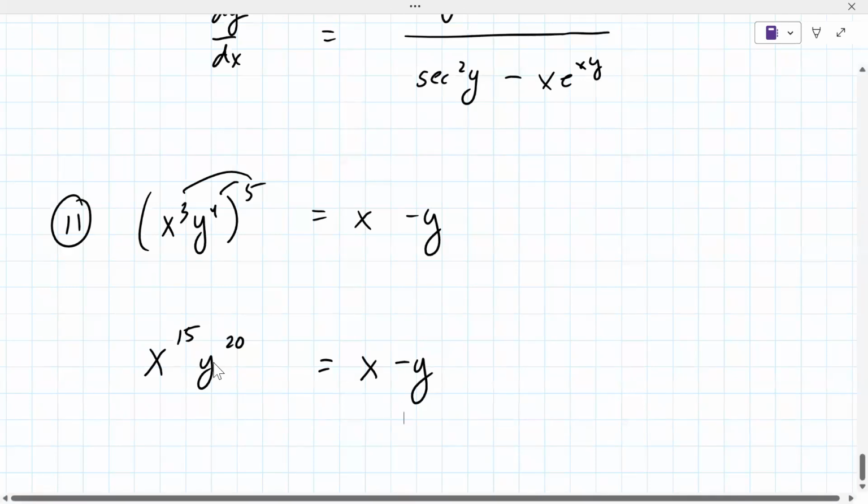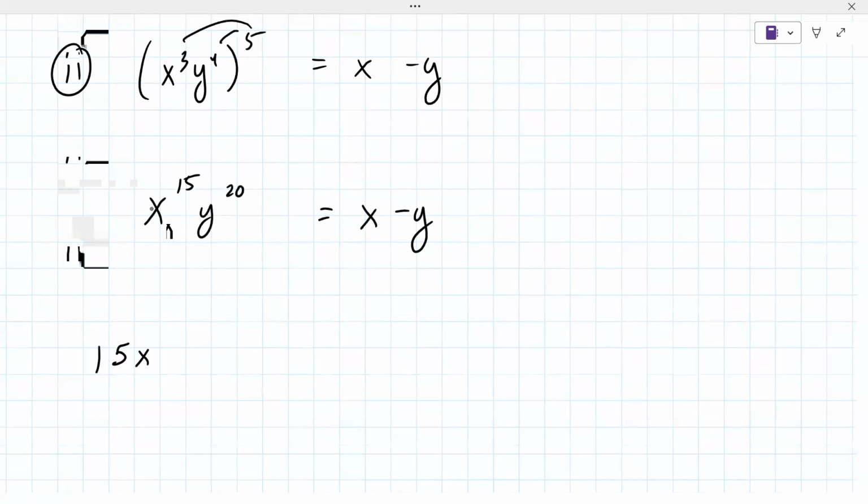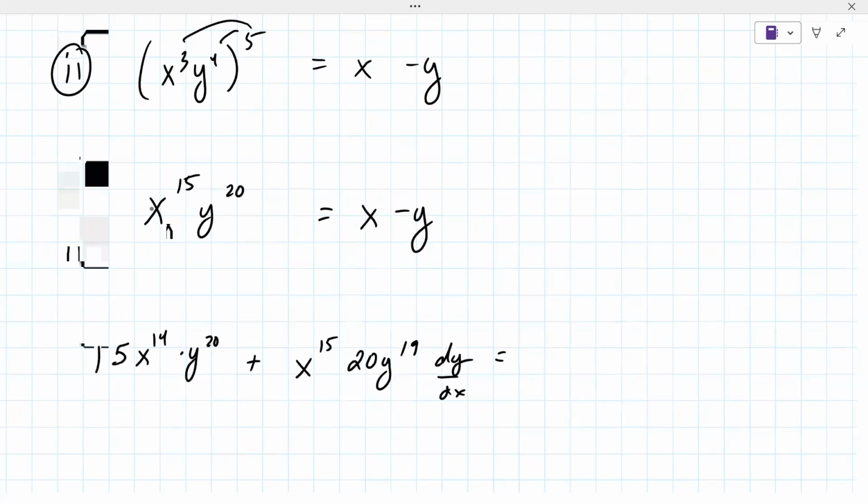So the derivative of the first is 15x to the 14th times y to the 20th plus x to the 15th, 20y to the 19th dy dx, equals 1 minus dy dx.